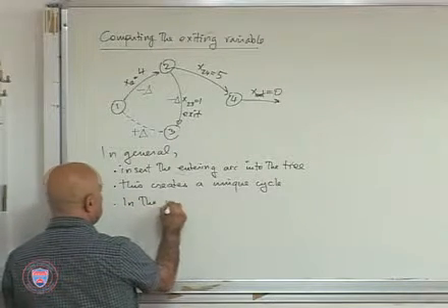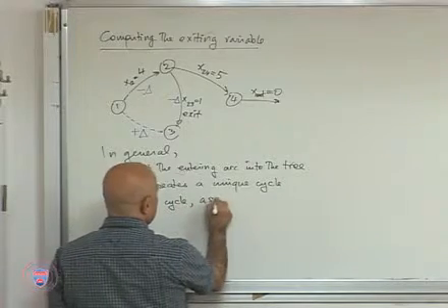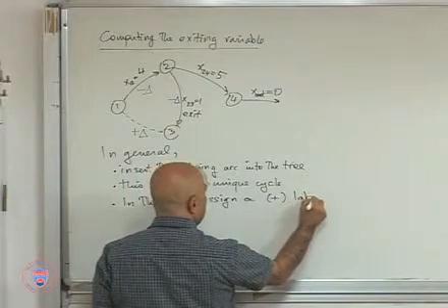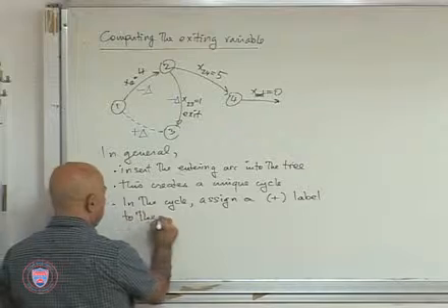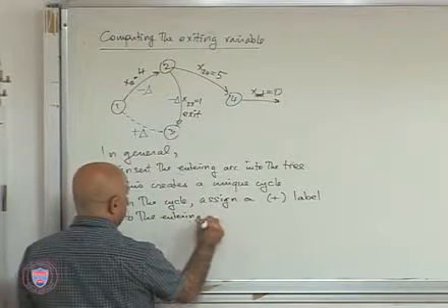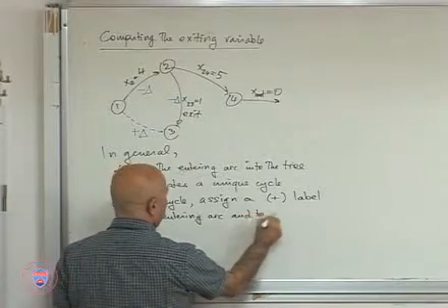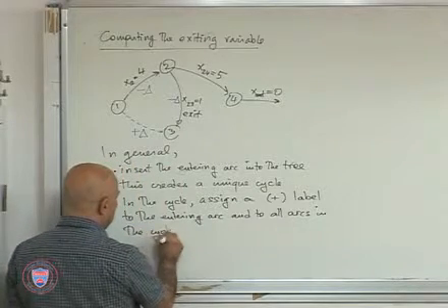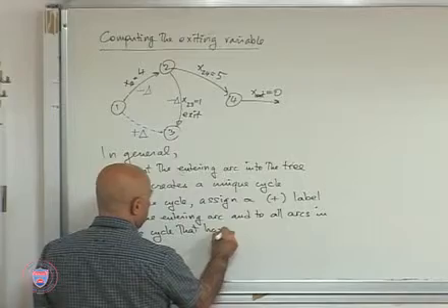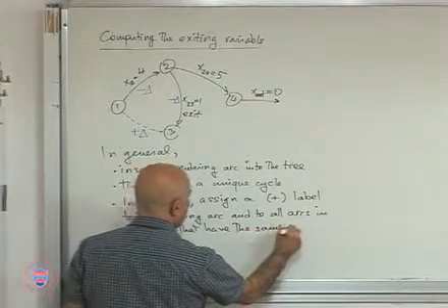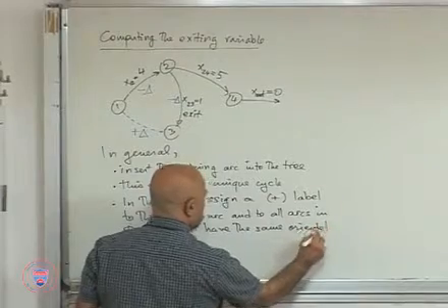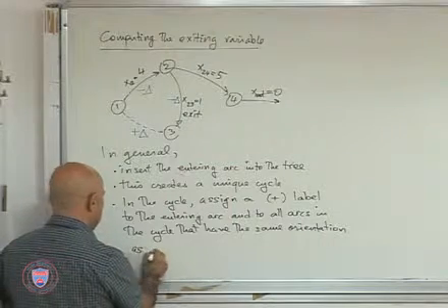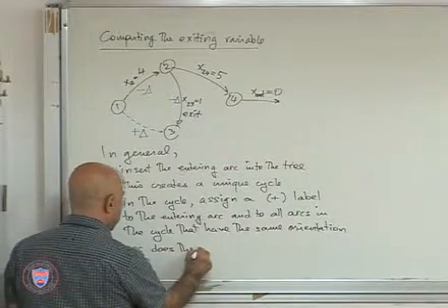In the cycle, assign a plus label to the entering arc and to all arcs in the cycle that have the same orientation as does the entering arc.